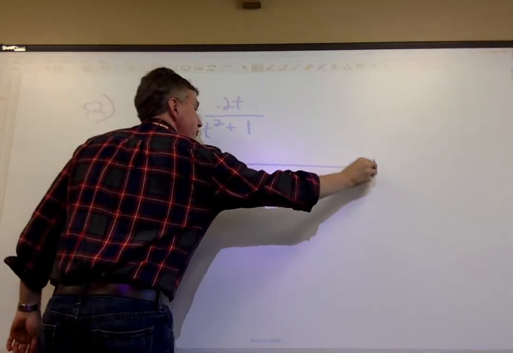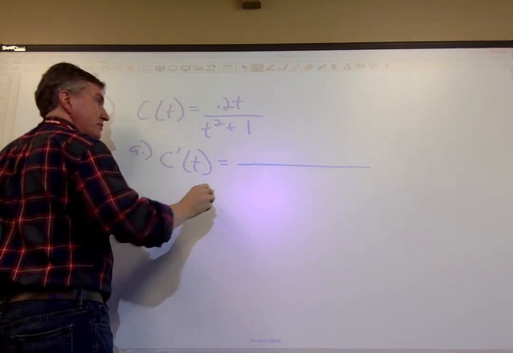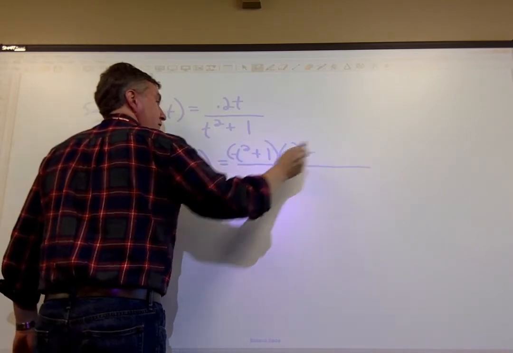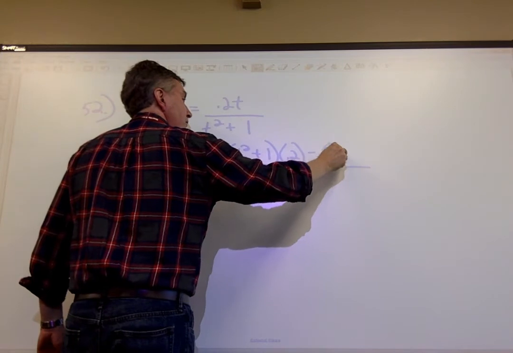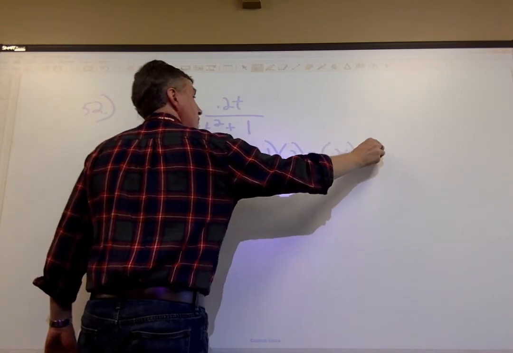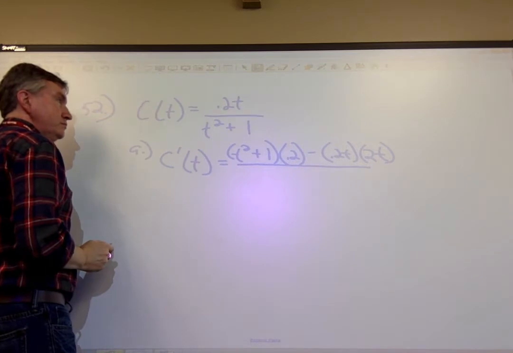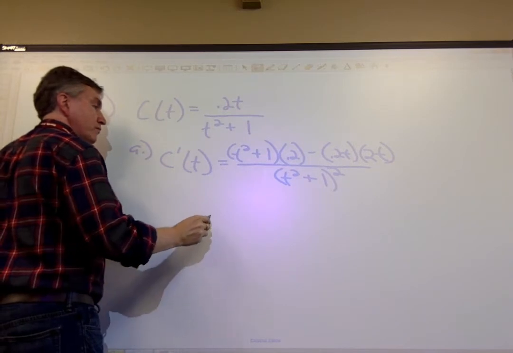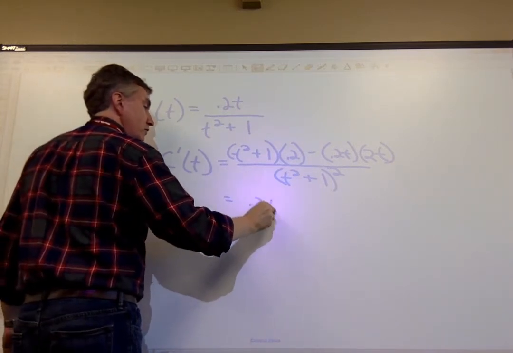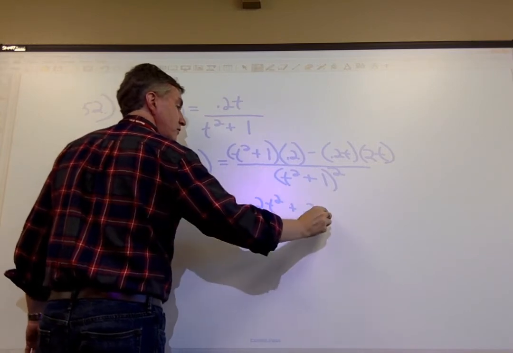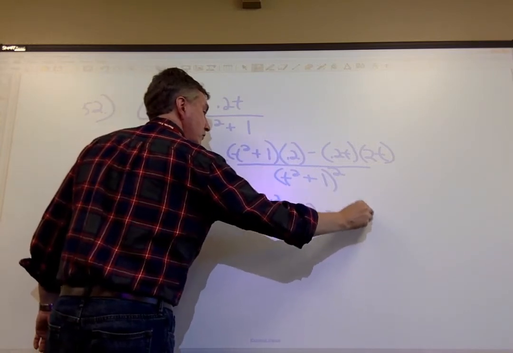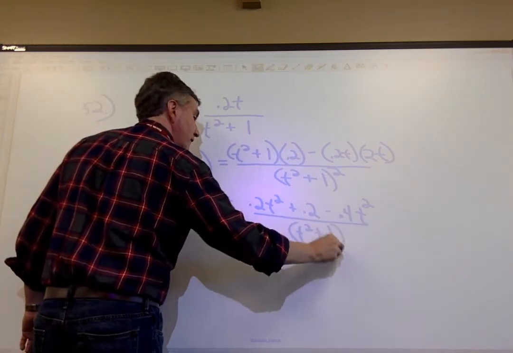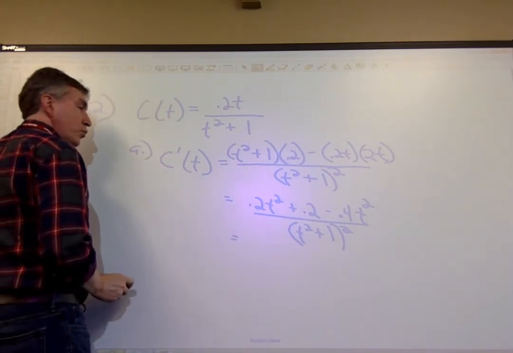Well, we're so tired of doing the quotient rule now, but that's just 1 or 2 minutes. What does the numerator turn into?